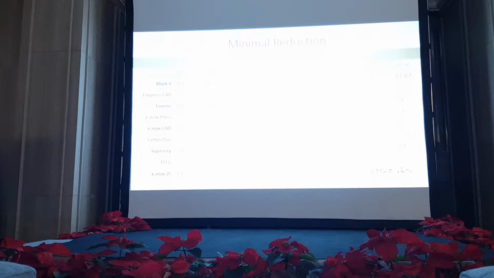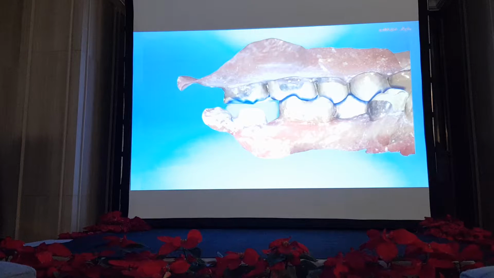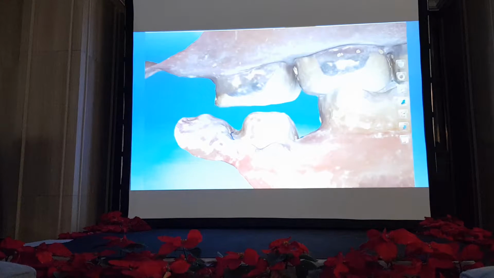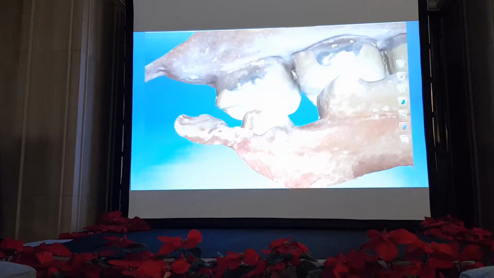Okay, so after we know that, how can we achieve it? In the patient's mouth, we can check the reduction, like using a mirror and asking the patient to bite together and see from different aspects.